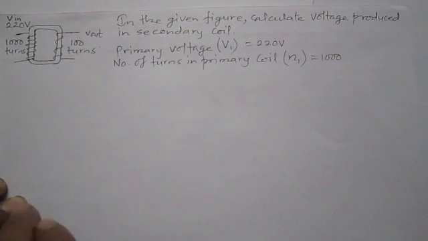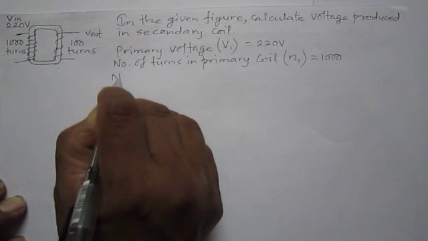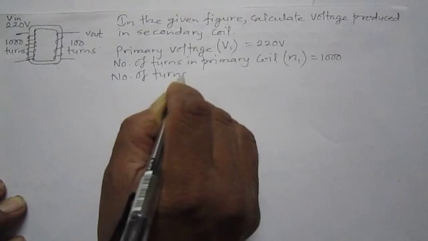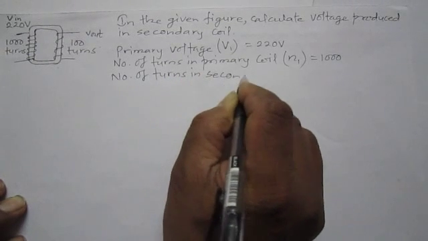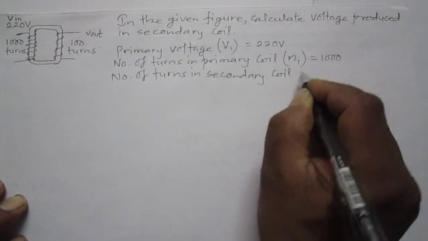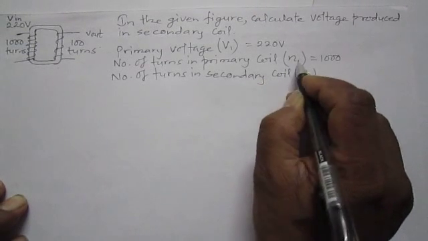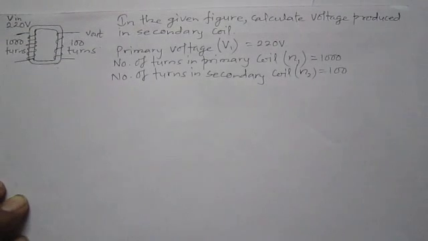Now another information, the number of turns in the secondary coil is 100. That's why the number of turns in the secondary coil can be denoted by N2. If N1 is primary, then N2 is secondary, and this is 100 turns.